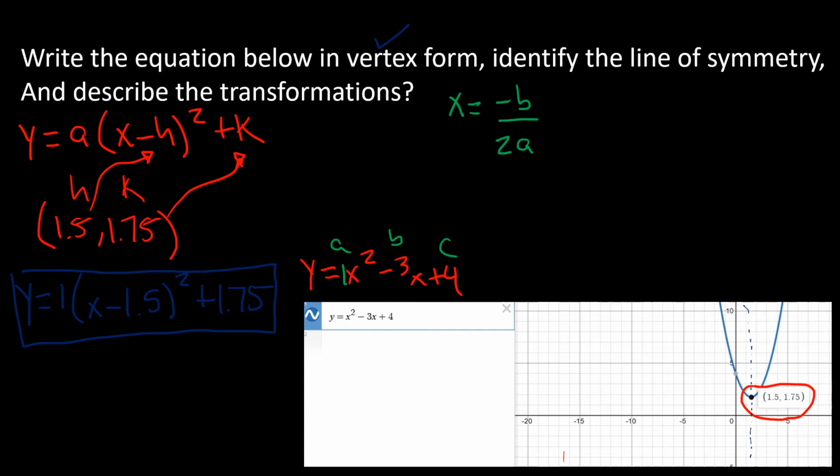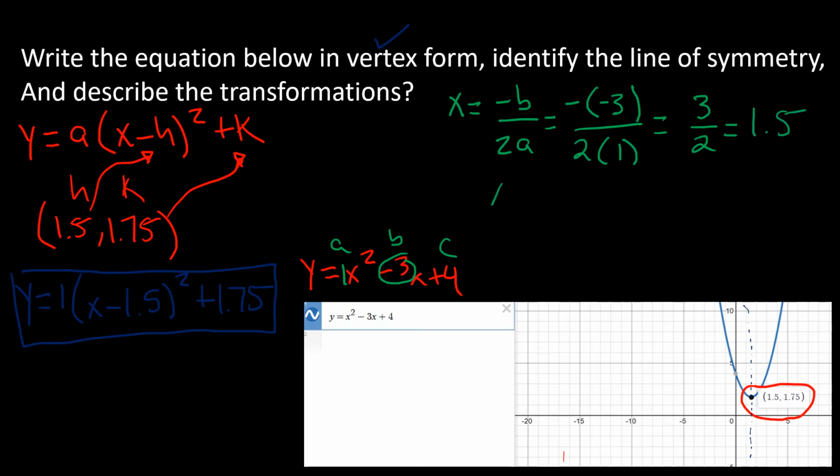You're going to make a quick connection right now, but I want to do this work with you guys. So let's get that negative b. So we're going to say negative, and in parentheses, our b value is negative 3, over 2 times a, which is 1. So this will equal 3 over 2, which is the same as 1.5.